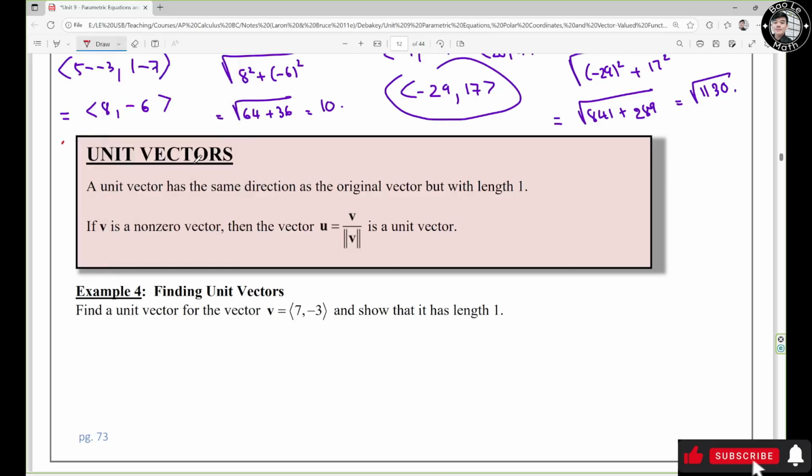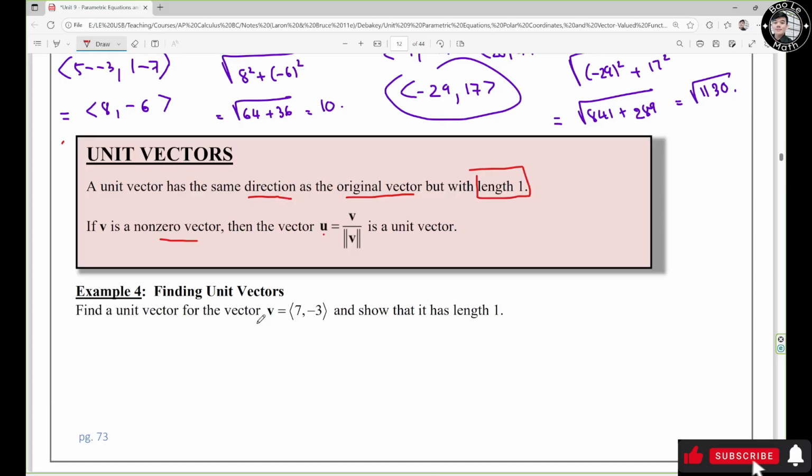We're gonna talk about the unit vectors. A unit vector has the same direction as the original vector, but with length 1 only, right? If v is a non-zero vector, then the vector u equals v divided by the magnitude of vector v is a unit vector. Now let's take a look at example number 4.